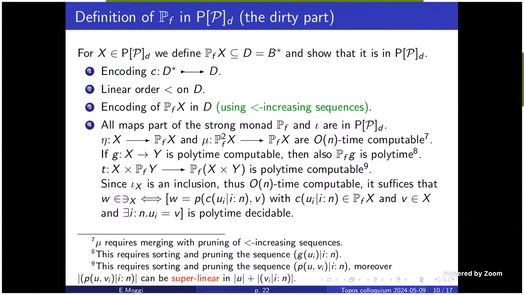So I just use a list containing only the element of D that represents the element of X. With mu, it's a bit more complicated, but also this one is easy to compute in linear time. Actually, what I have to do is some merging of sorted sequences and then some pruning to remove copies, because I want to have something in strict linear order.